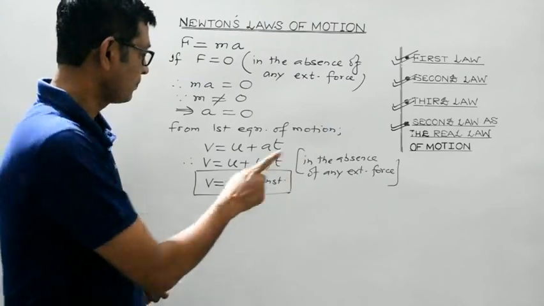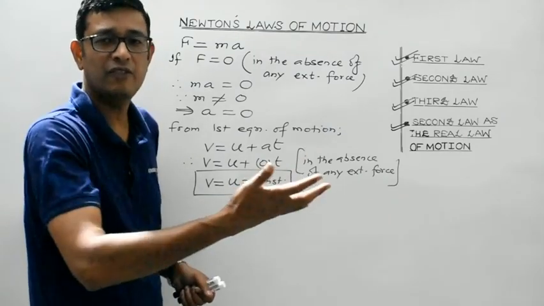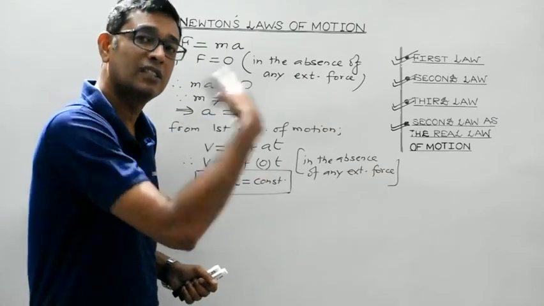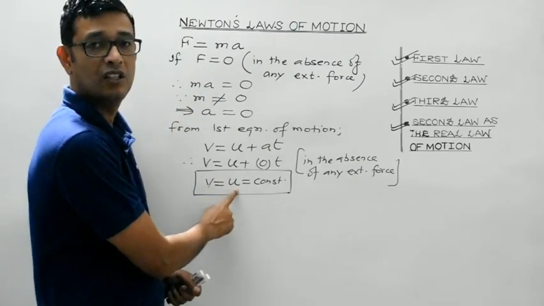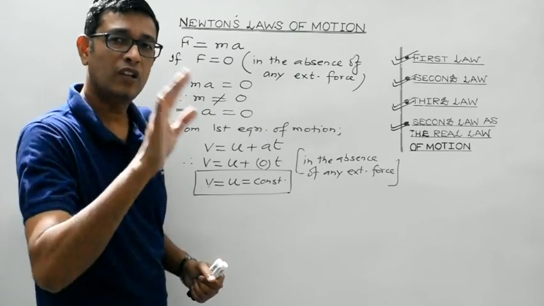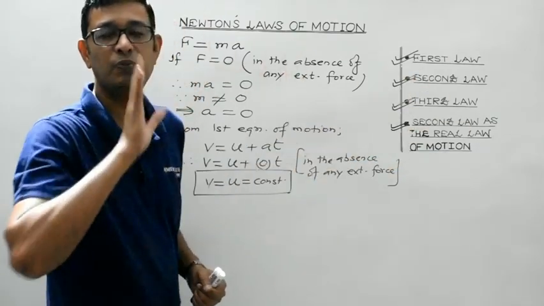And in case the body is moving uniformly along a straight line with a speed of, say, 5 meters per second, then its final velocity after some time will also be 5 meters per second, because V is equal to U. Therefore, if no net force acts on a body, the body will keep moving along the same straight line with the same speed.